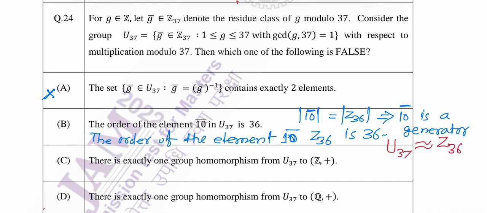This option is false. And there is one more way to say the same thing. Here, assuming the order of 10 to be 36, we arrived at the conclusion that 10 bar is a generator. To be a generator, the GCD of 10 and 36 should be 1, but the GCD of 10 and 36 is 2, not 1.